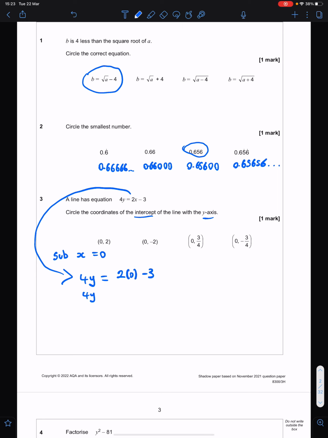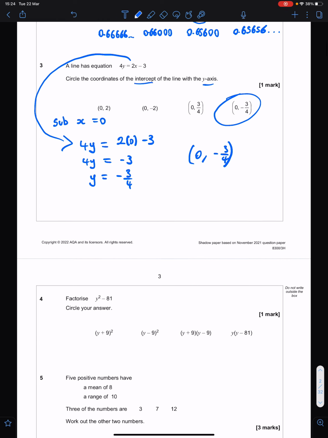So 4y equals minus 3, because 2 times 0 is just 0. So then y is equal to minus 3 over 4. So when x equals 0, y equals minus 3 over 4. So it's this option over here. You guys can do this.